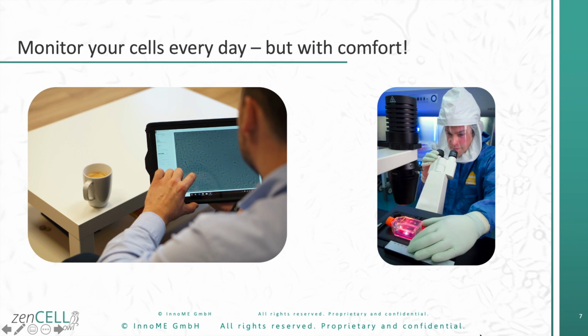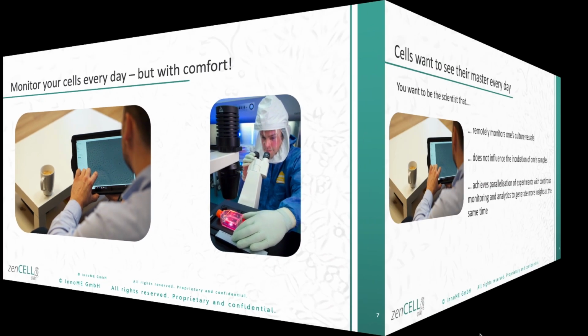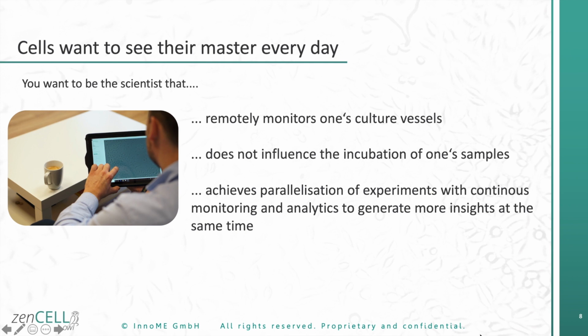And I think most of us want to be the scientists that can remotely monitor the culture vessels in the incubator and will not influence the incubation of the samples negatively, and can even achieve parallelization of experiments through continuous monitoring and analytics, and thereby even generate more insights at the same time.